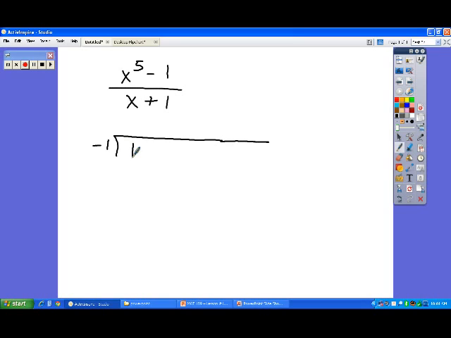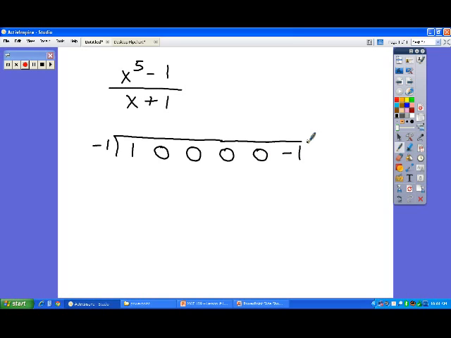With a bunch of zeros. That's 5. I need a 0 for 4. I need a 0 for 3. I need a 0 for 2. I need a 0 for x to the first. Then I can write my constant. If you don't put those zeros in, you're going to get the wrong answer.